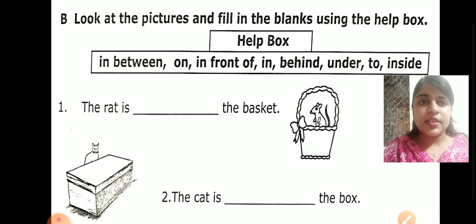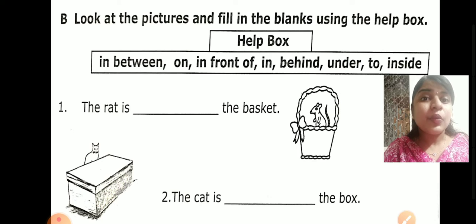The rat is dash the basket. Now you can see the picture of a basket. Right? What is there inside the basket? Very good. Rat. So what will be our answer? The rat is inside the basket. So you are going to write the answer.